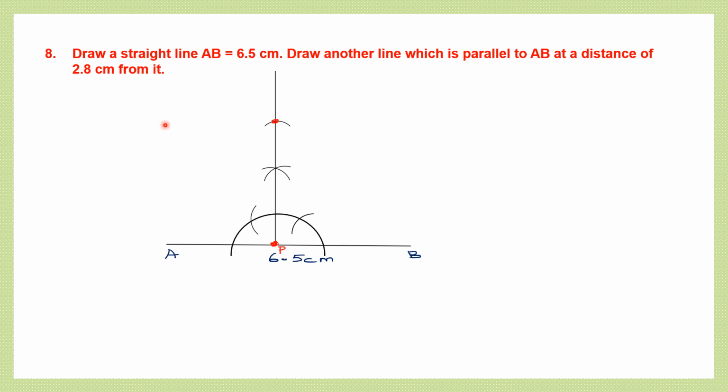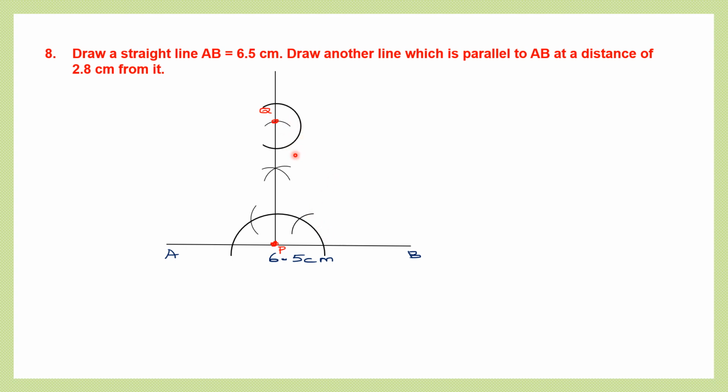Now we need to draw our parallel line here. That means at this point we need to get another 90-degree mark. So just like we did this construction for 90 degrees at this point P, at this point, now let's name that point as Q. At point Q, construct a 90-degree angle. So if we follow all these steps, first we draw a main arc at this point.